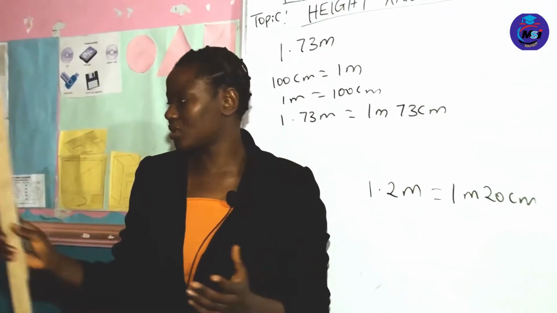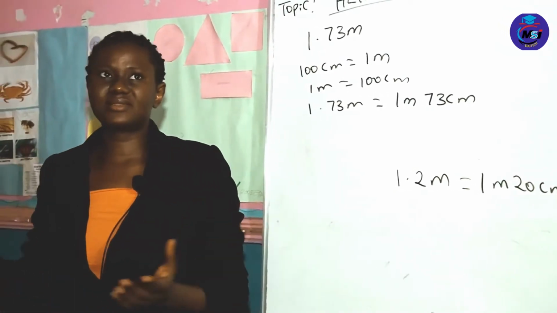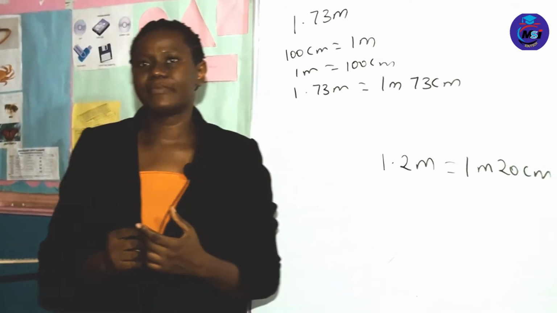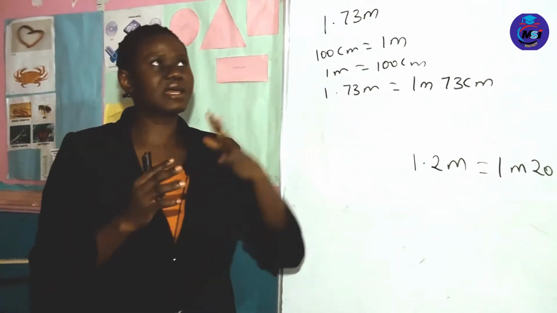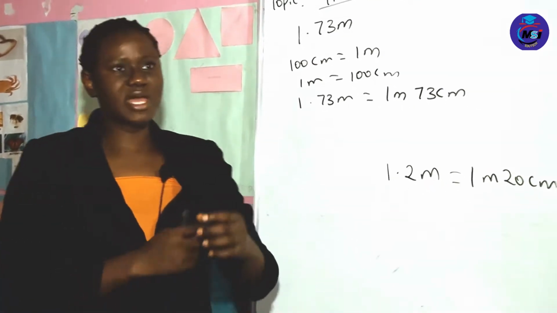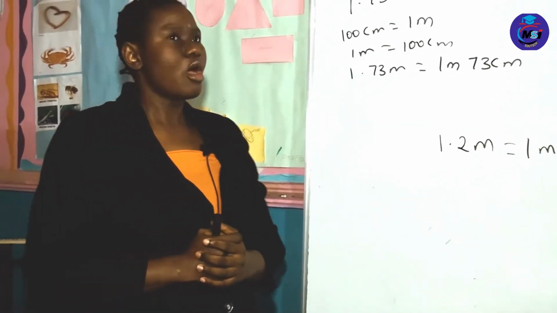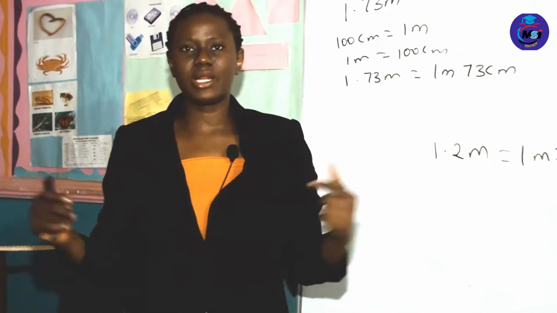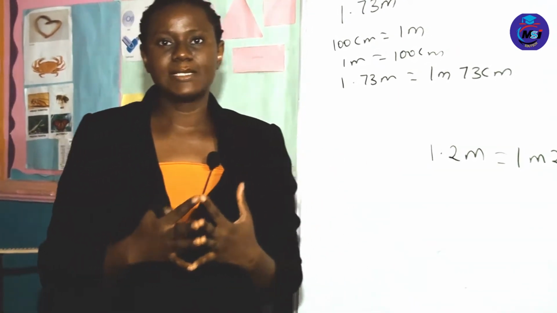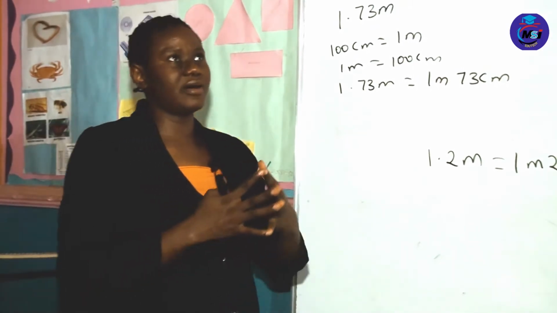Now for walls, trees, and buildings, we could use a clinometer. A clinometer will be used to measure the height of a building and some distances. But when the distance is very large, we could use a measuring tape, like the tape of the engineer.